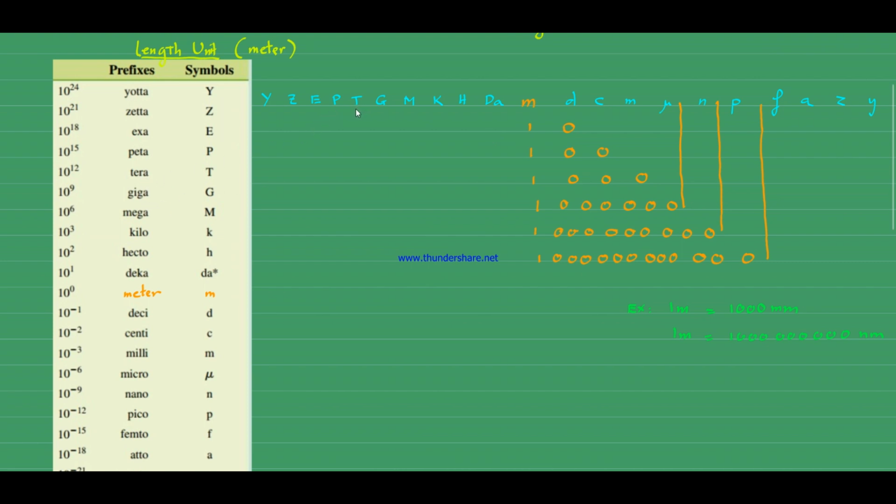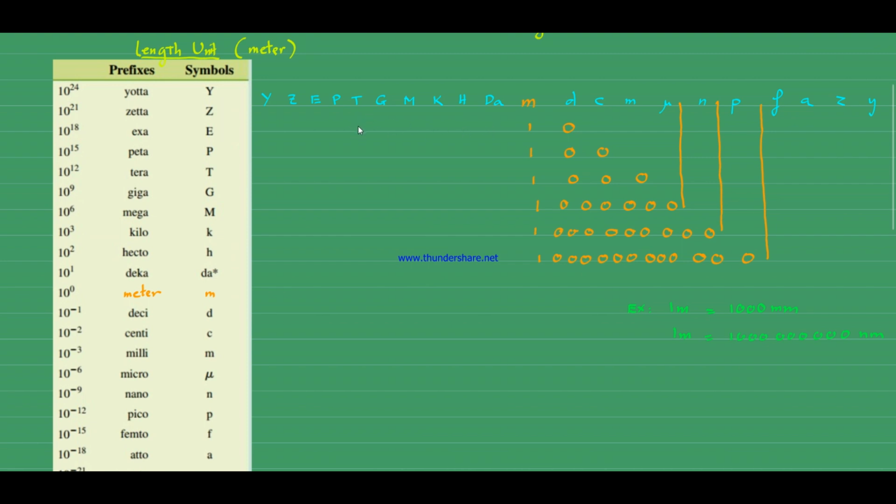Tera is T, and tera is 12. So 1 terameter is 1 trillion meters.